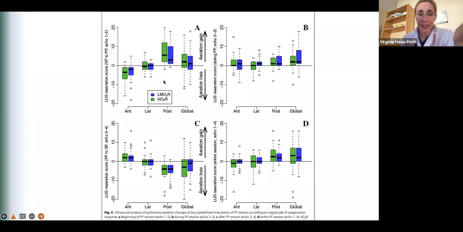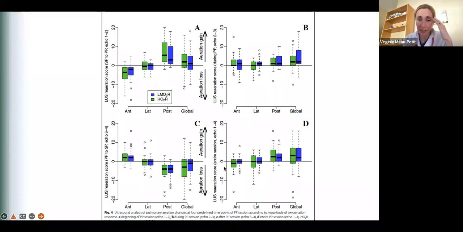But then you have some changes that are happening. When you leave the patient for 16 hours, you don't see many changes in aeration score, whether you are a good or bad responder. And when you move back to supine, of course, the anterior area gets a bit more aerated and the posterior area less well aerated.